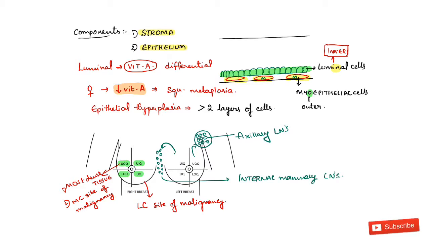So this is the lymphatic drainage of the breast tissue. And the main points are: the most common site of malignancy is the outer upper quadrant, and the least common site of malignancy is the lower inner quadrant.